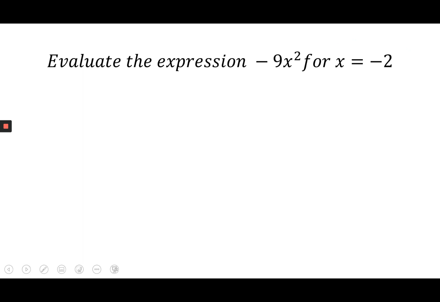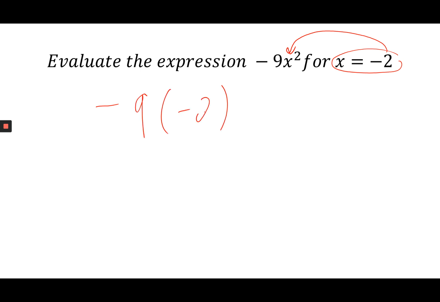Evaluate the expression negative 9x squared for x equals negative 2. x is given, you just need to plug it in here. For x, I'm going to use negative 2 squared. What is negative 2 squared? Negative 2 squared, guys, means negative 2 times negative 2. What is negative times negative?